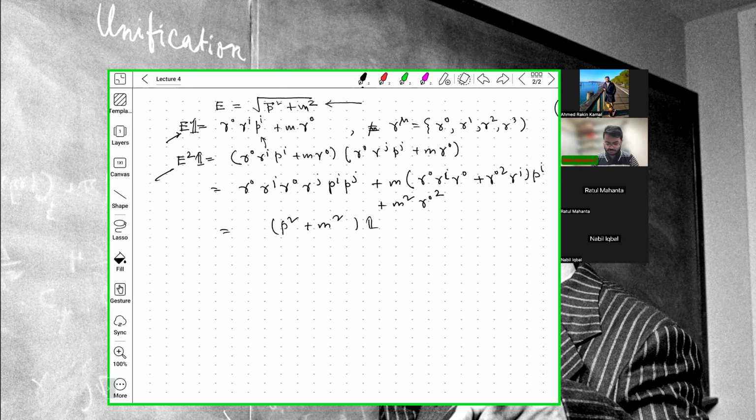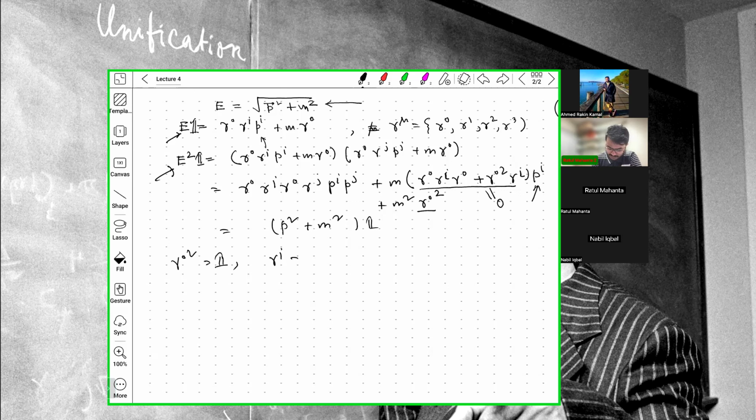So immediately we know what properties these gamma matrices should have. For example, gamma 0 squared should be identity. The linear term should vanish, because p_i are arbitrary momenta and they are numbers. So these matrices should vanish, and gamma 0 squared is identity. So what will we get?